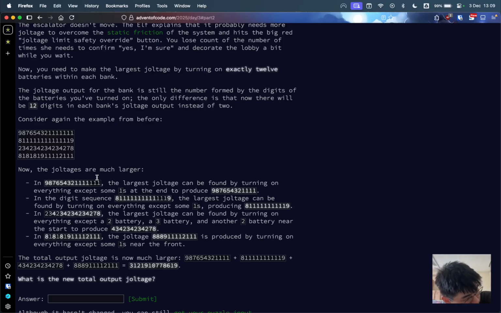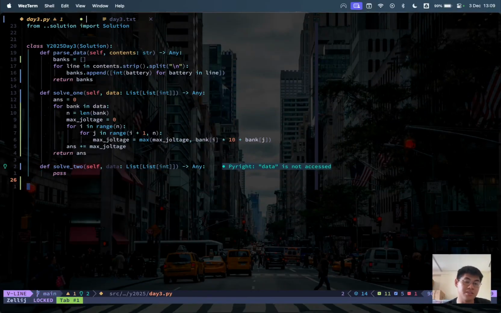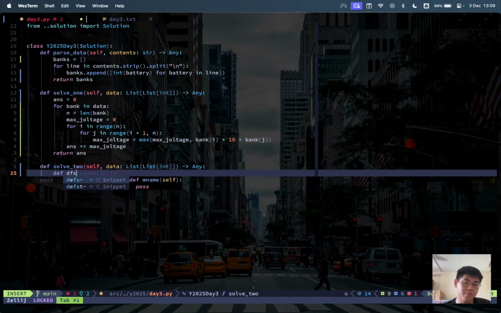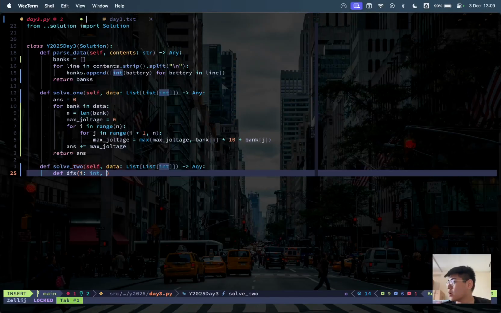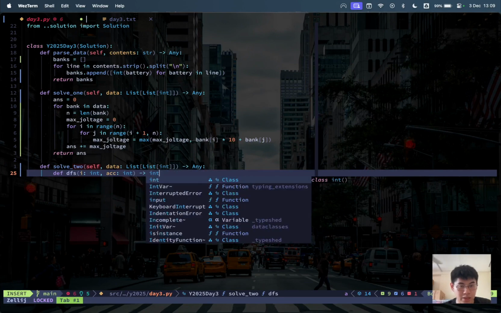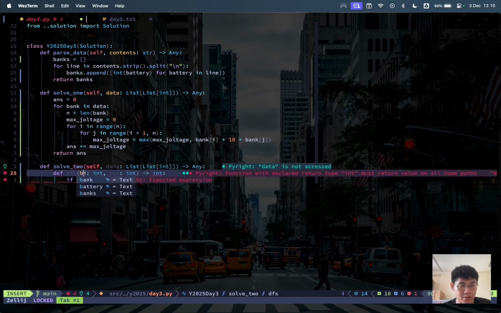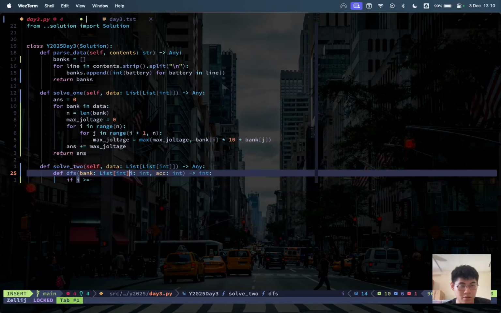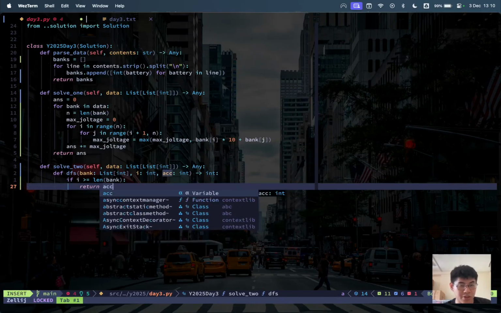I guess if we don't want to do this, we could literally solve this with DFS, where we have I, which is the position in the bank, and then the accumulated number. And if I has exceeded the length of the current bank, I simply return the accumulation.